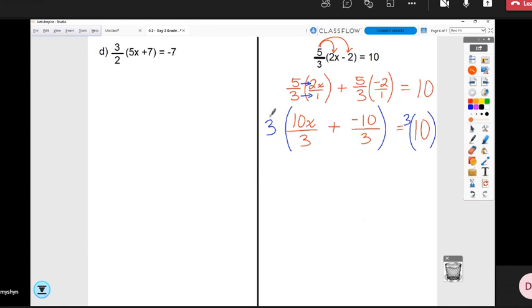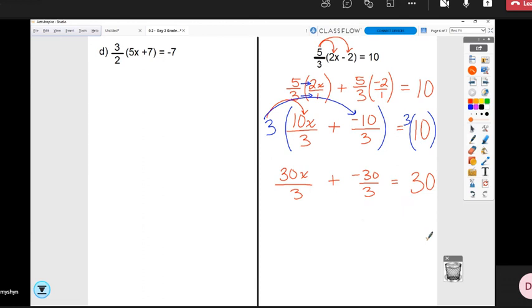So we get something like 3 times 10x is 30x over 3 plus 3 times negative 10, negative 30 over 3, and that equals positive 30.